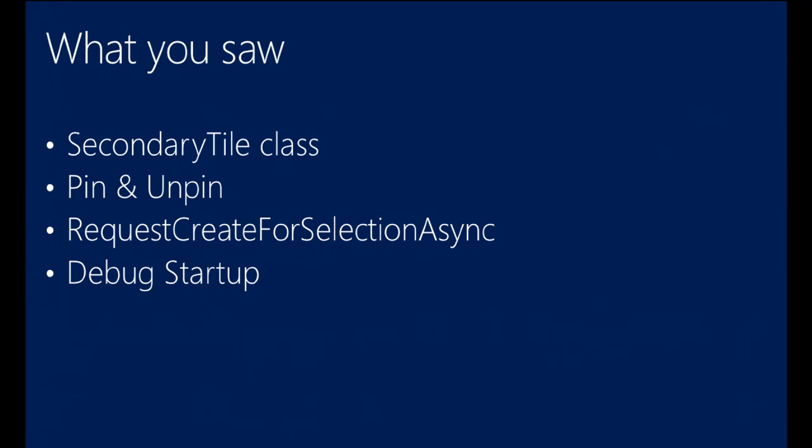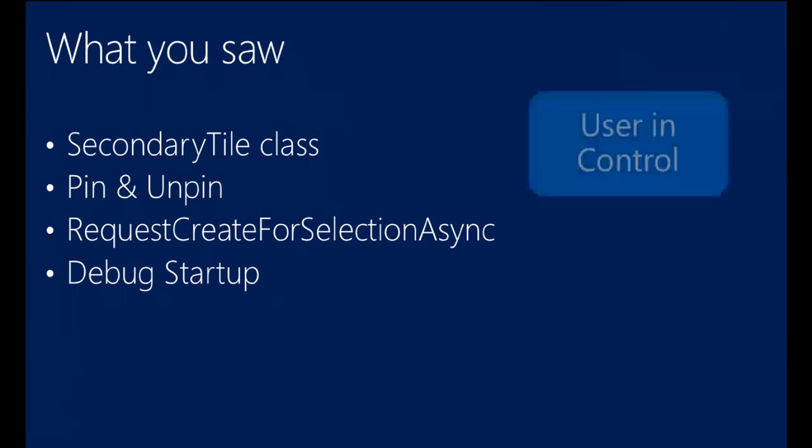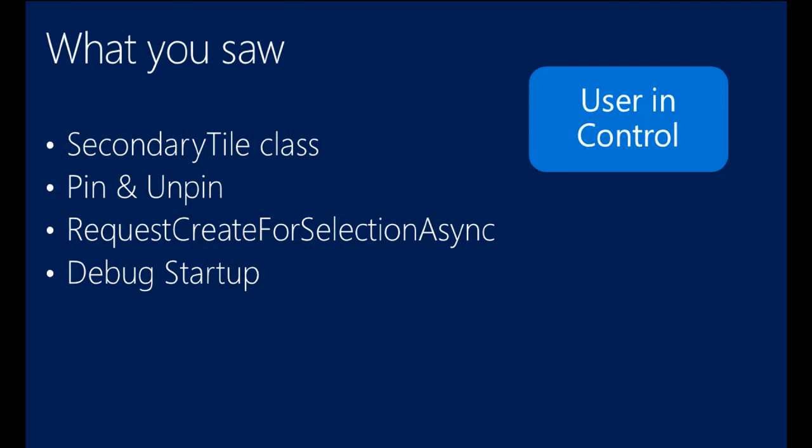You've seen how startup can be debugged by changing an option inside Visual Studio. With secondary tiles, the user is in control as well. The user can pin it, unpin it. You cannot create secondary tiles on application installation without user interaction.